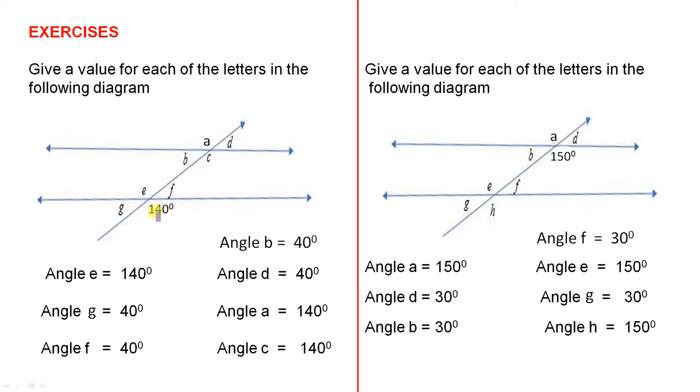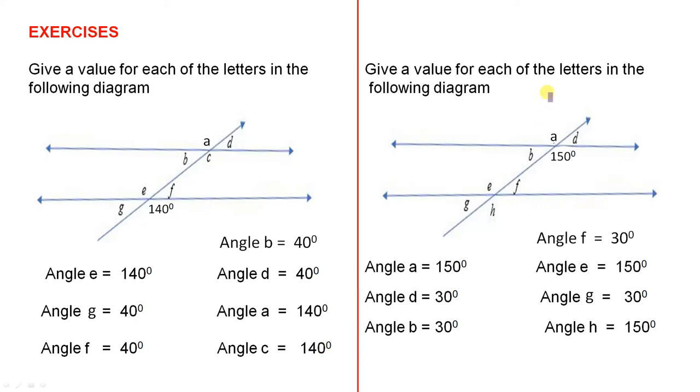So once you've got those four there, using the rules that we saw on the previous slide, we get these values for angle B, D, A, and C. Because we've already worked out those four, and as I said before, the rules we saw on the previous slide allow us to calculate those four.